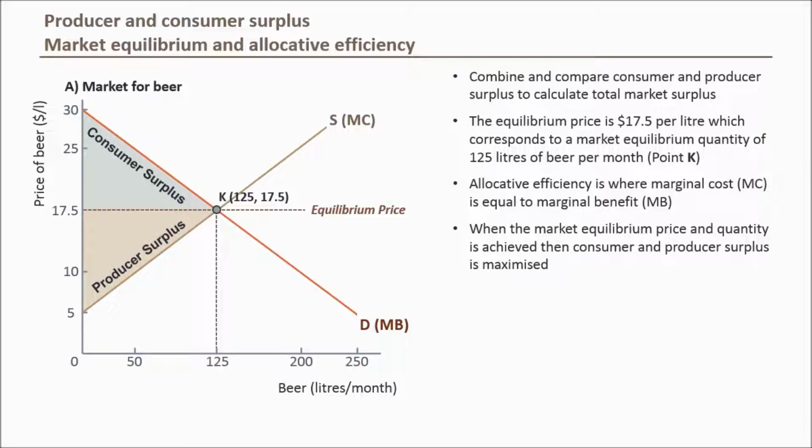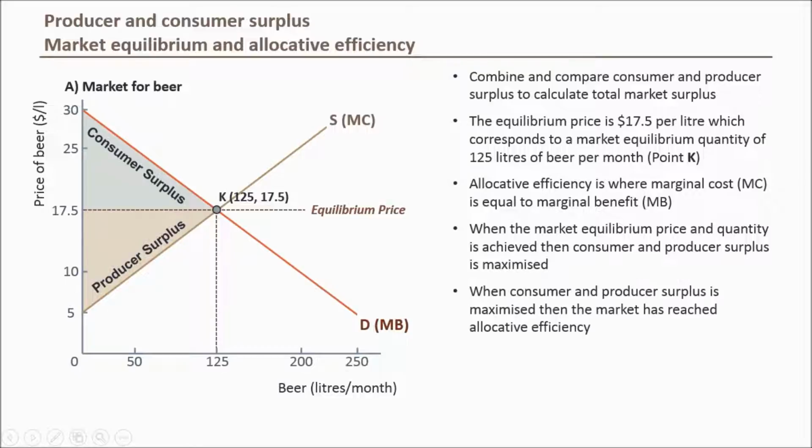Another important point you should keep in mind is that points on the demand curve measure the marginal benefit of beer at each level of output, and points on the supply curve measure the marginal cost of beer at each output level. The demand and supply curves intersect at the equilibrium output and price level, which indicates that marginal benefit is equal to marginal cost at that level.